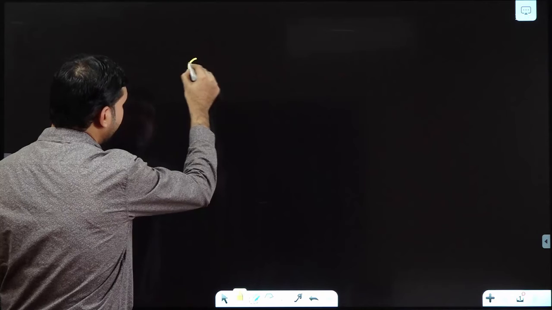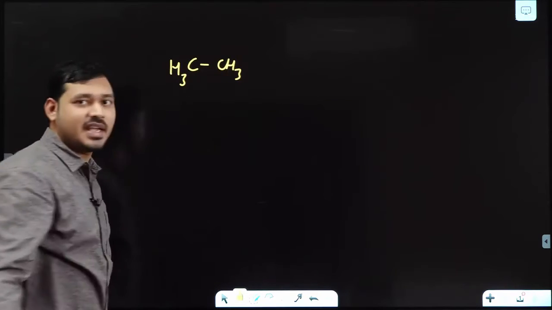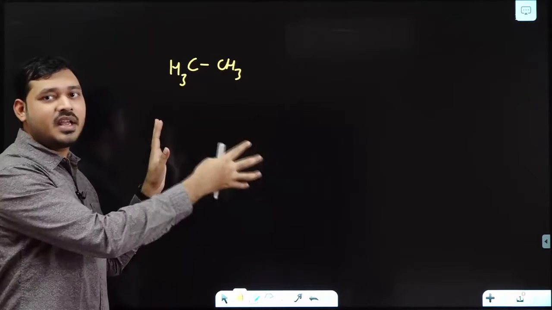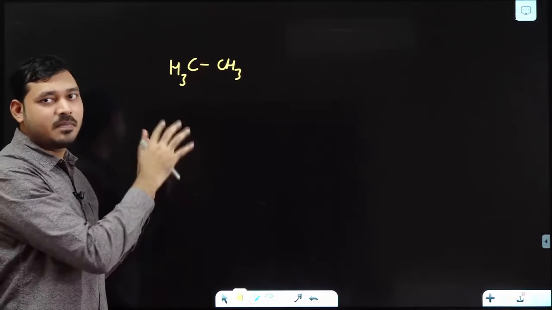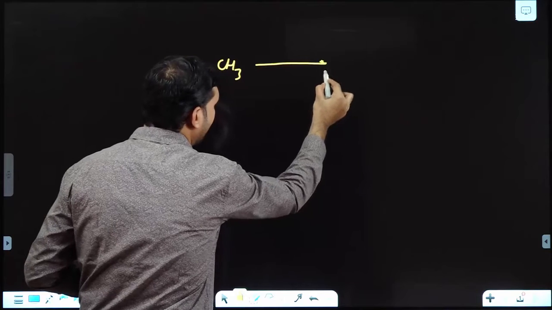Now if we see a simple organic compound, CH3-CH3, ethane, this single compound can be converted into lots of different compounds by using different reagents. Let's see what it can be converted into.